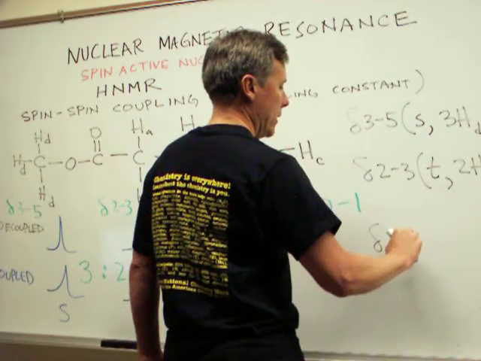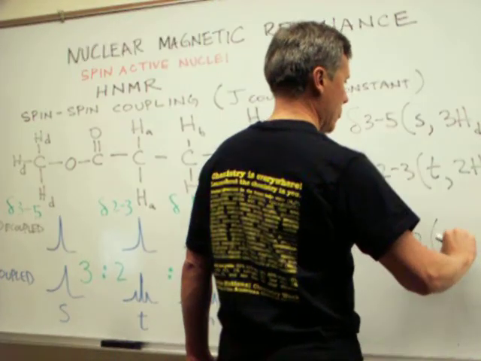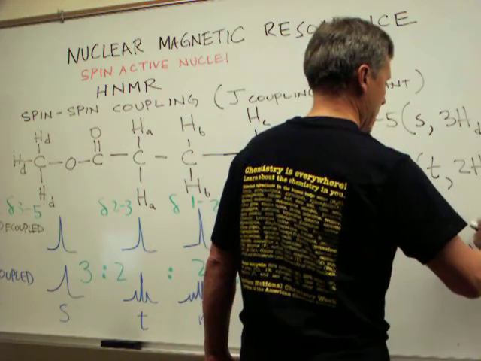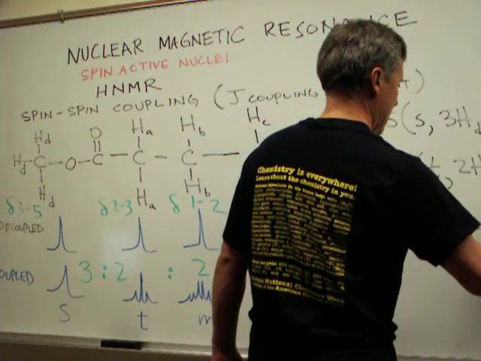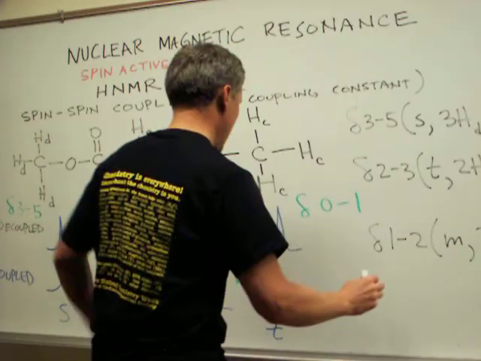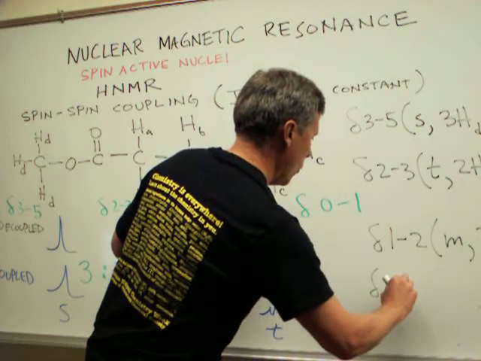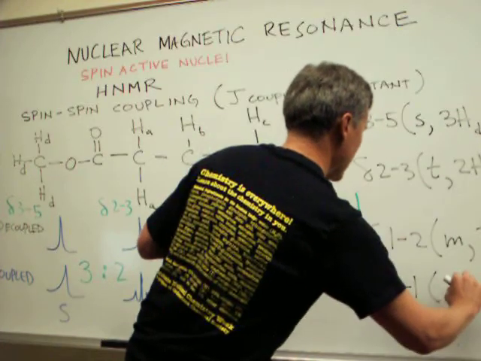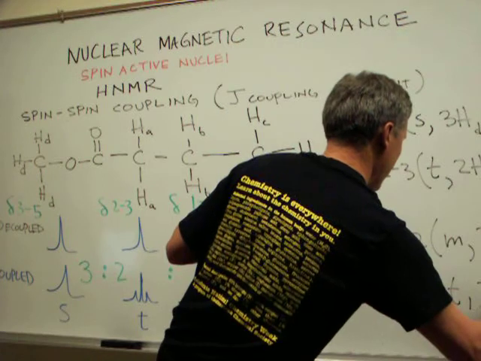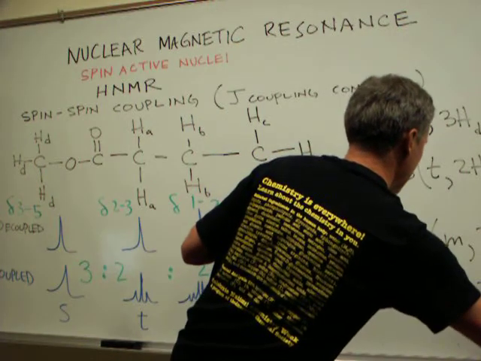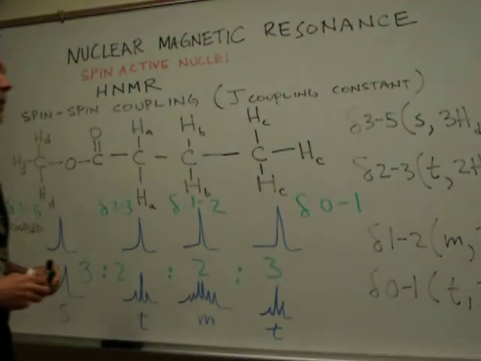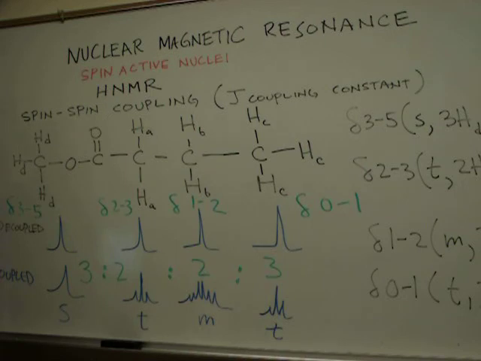Delta value 1 to 2 would appear as a multiplet, 2 HB protons, and delta value 0 to 1 would appear as a triplet with 3 HC protons. That is how we would report the data.